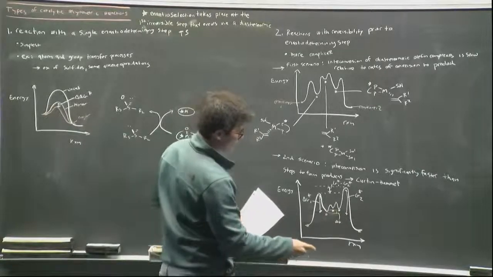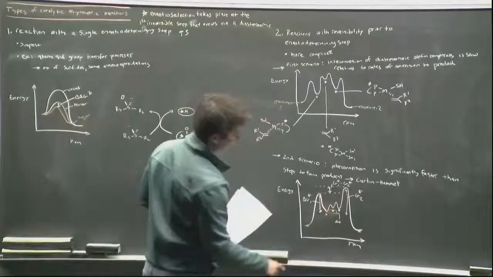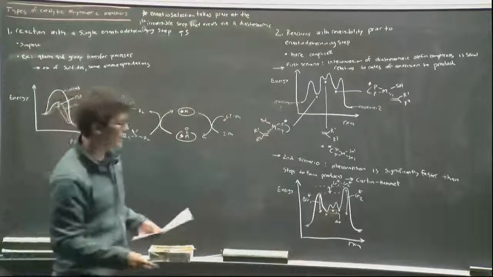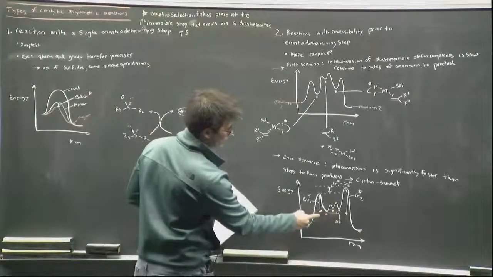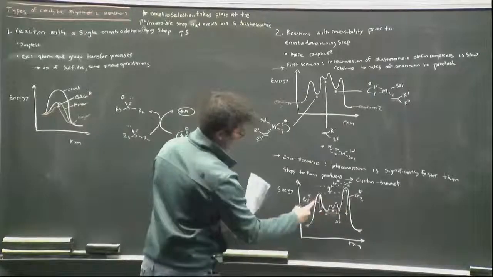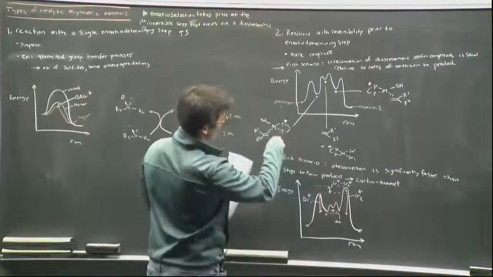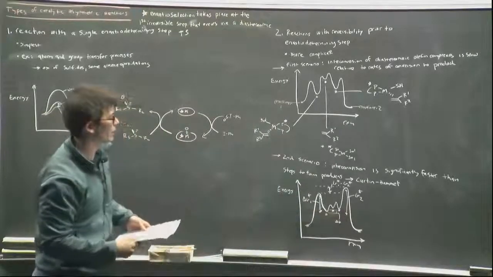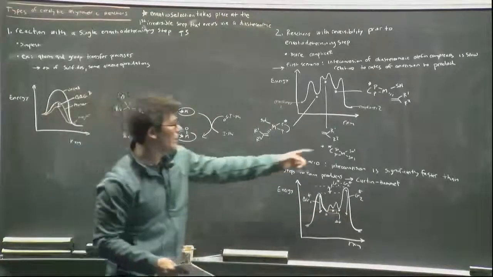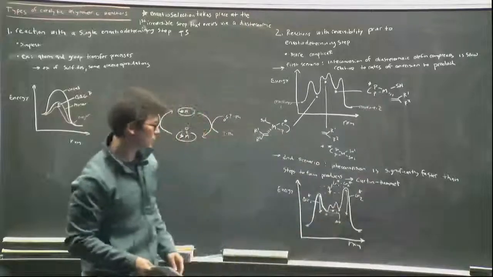But the fact that it's more stable is not what determines that it's a favored product. What determines that it's a favored product is that after it binds to form here, the subsequent steps are lower in energy than the subsequent steps from this intermediate.